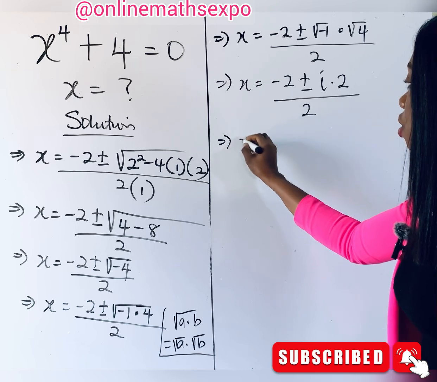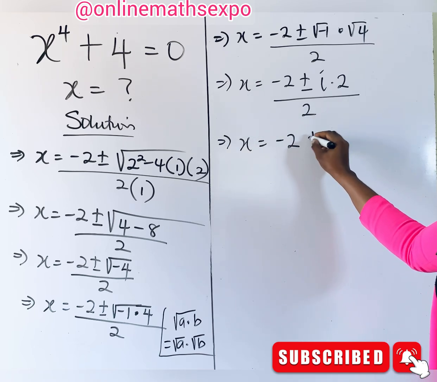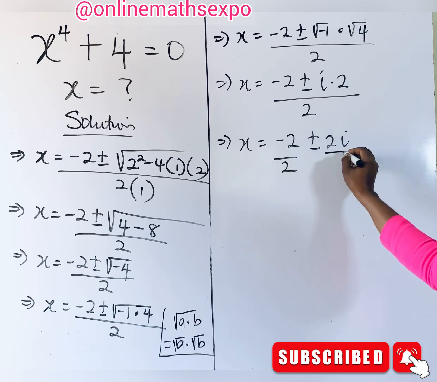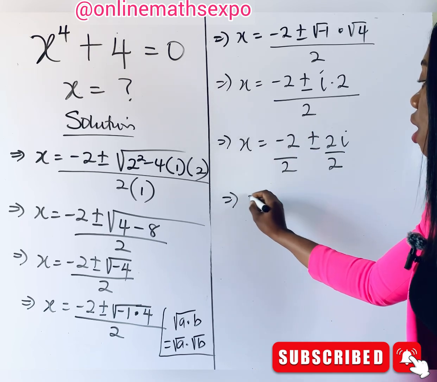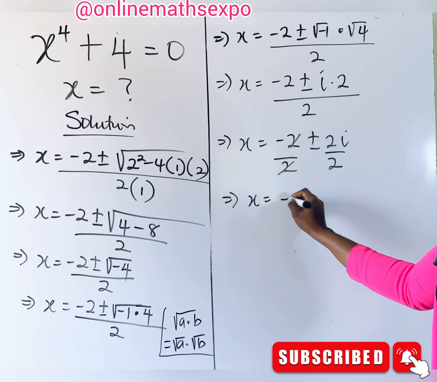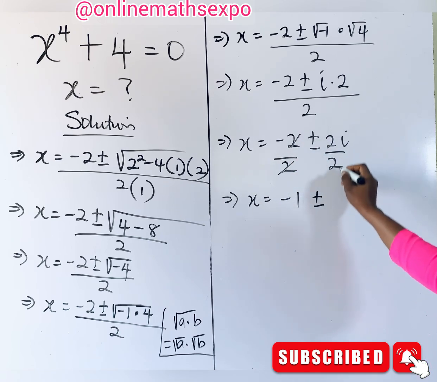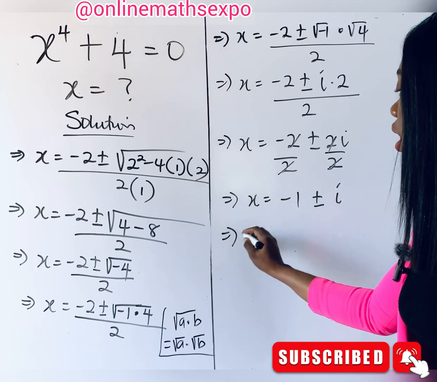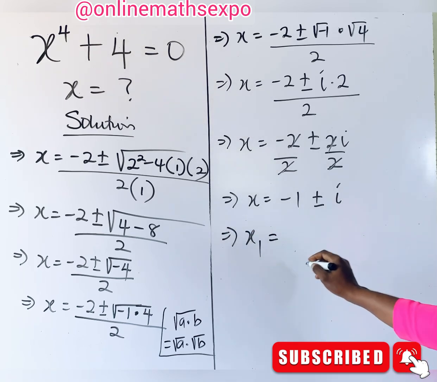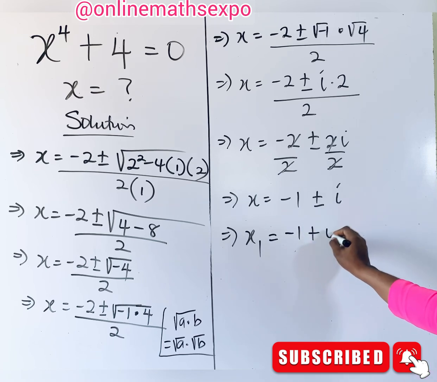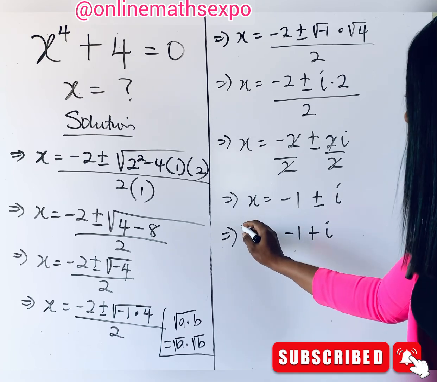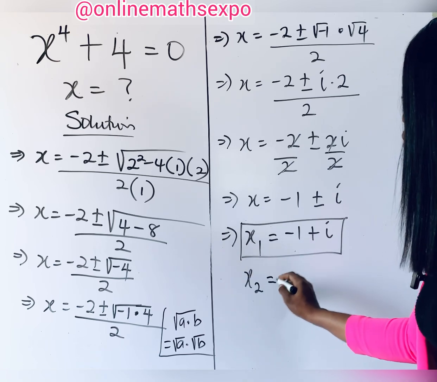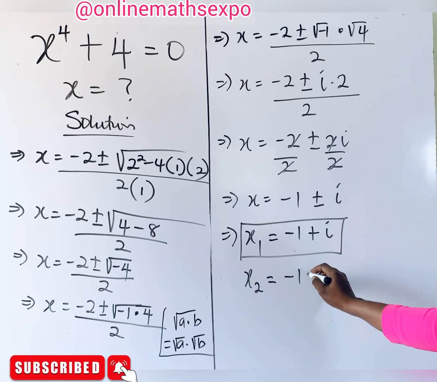So x is equal to negative 2 plus or minus 2i, so each one divided by 2 gives us x as, we cancel, negative 1 plus or minus i. So the first value of x is negative 1 plus i. Now we take the second value of x, which will be negative 1 minus i.